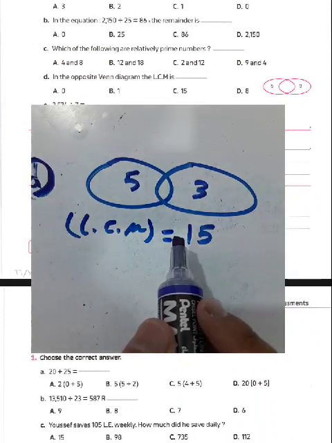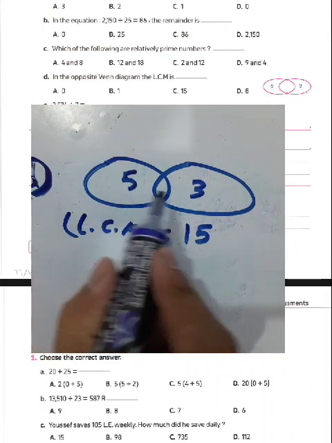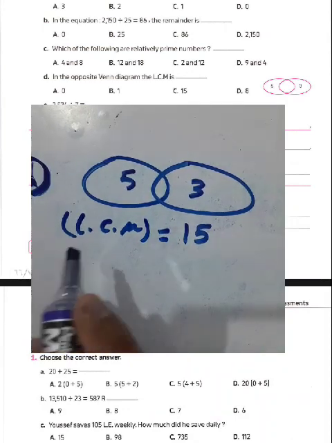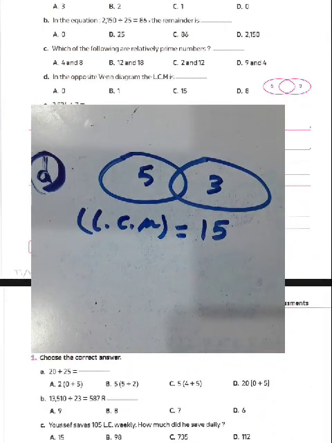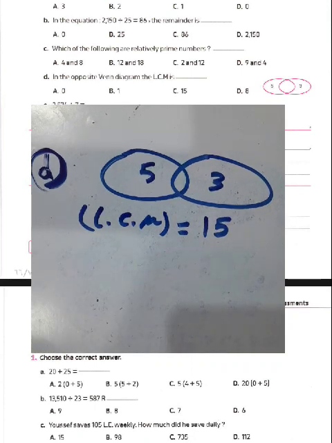You can find the least common multiple between 3 and 5 by multiplying them. If you have two prime numbers, you must multiply them to find the least common multiple. But if you want to find the greatest common factor between 3 and 5, you can write 1. Any two numbers can be divided by 1.